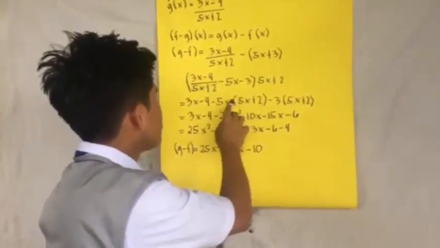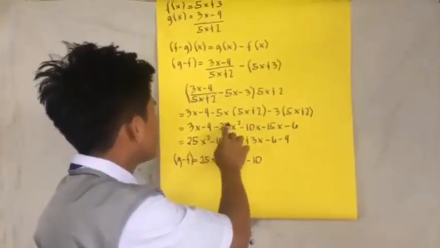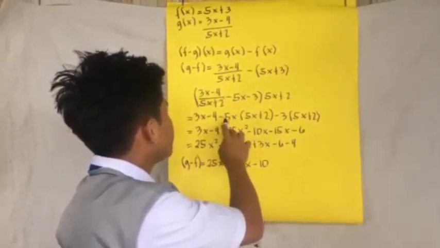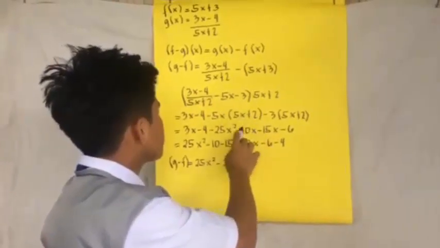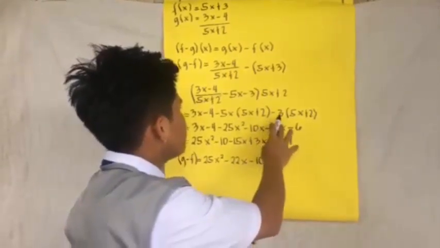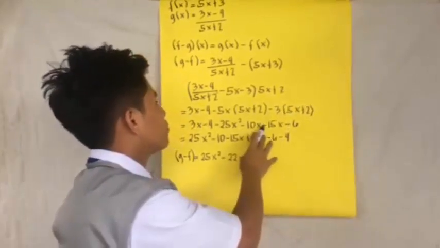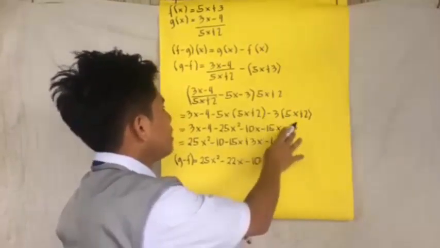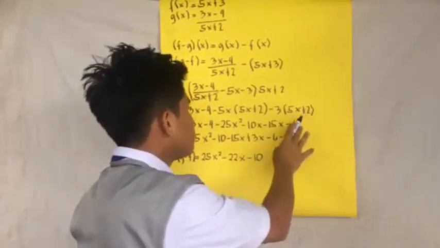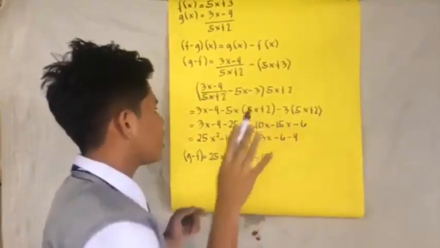Negative 5x times 5x is equal to negative 25x squared, then negative 5x times 2 equals negative 10x, then negative 3 times 5x is negative 15x, then negative 3 times positive 2 is negative 6.